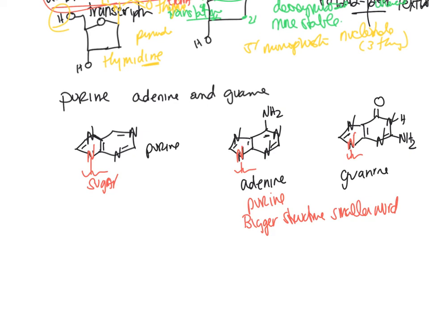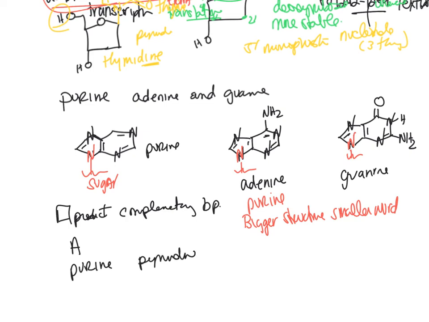The other thing I need you to be able to do, our 5th one, is predict the complementary base pair. Okay, so purines will base pair with the pyrimidines. Okay, so A will base pair with the T, and it does 2 hydrogen bonds.